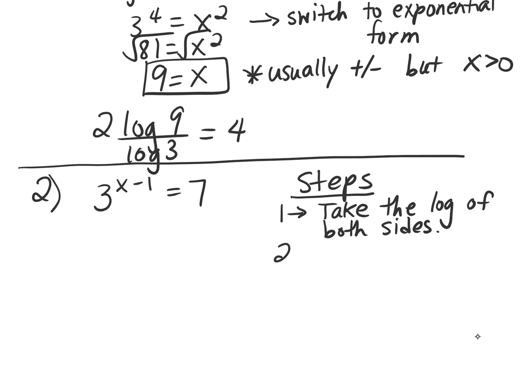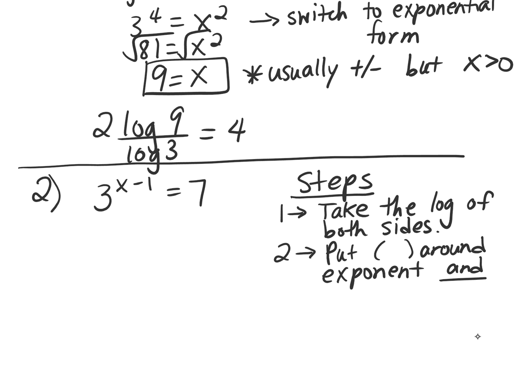When you do that, if there's more than one thing in the exponent, make sure you put parentheses around the exponent. I know we've done that already, but we want to continue doing that. And then we're going to do something else with that after.